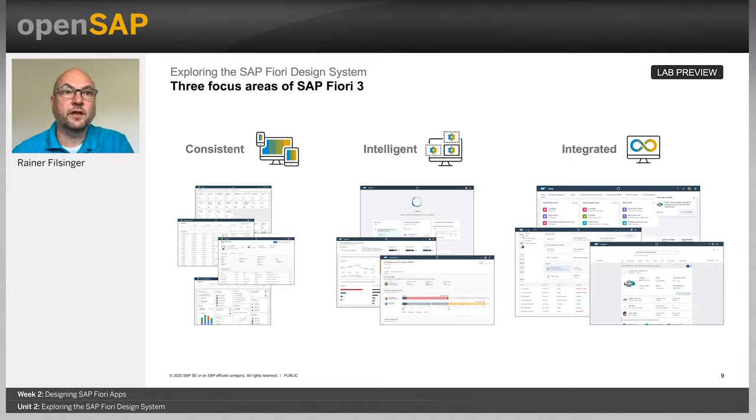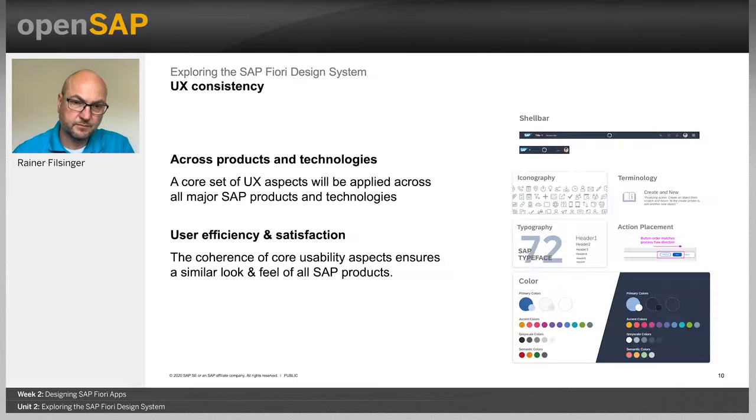Let's have a look at the three focus areas of SAP Fiori 3. In its latest and third evolution, the design team has been focusing on consistency, intelligence, and integration to ensure that SAP Fiori can be used to integrate all products into one intelligent enterprise. UX consistency makes the user feel at home.